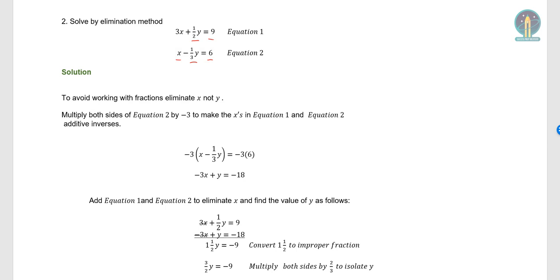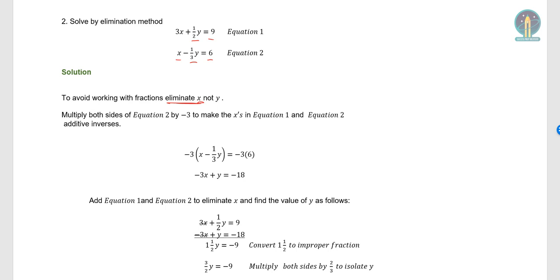So let's try to work with the x. So eliminate the x's, not the y's, to avoid having to add the fractions. Again, this is all a matter of choice. We could choose to eliminate the y's and add up the fractions, but it would just take more steps.